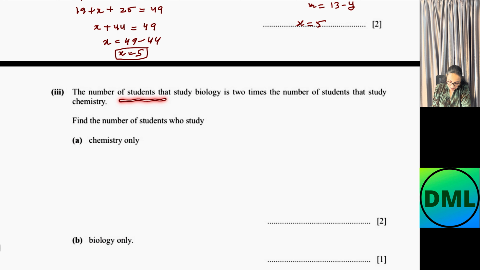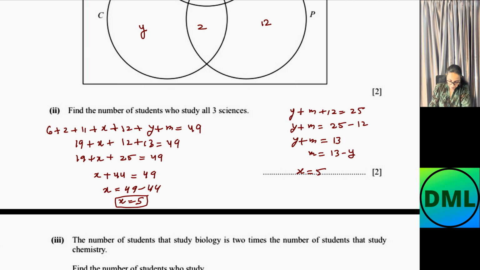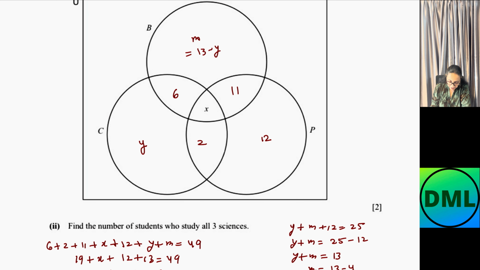The number of students that study biology is 2 times the number of students that study chemistry. Find the number of students who study chemistry only and biology only. Let's apply this relation. Let's see the biology part. This is biology, so biology is 13 minus y plus 6 plus 11 plus 5, because x is 5.